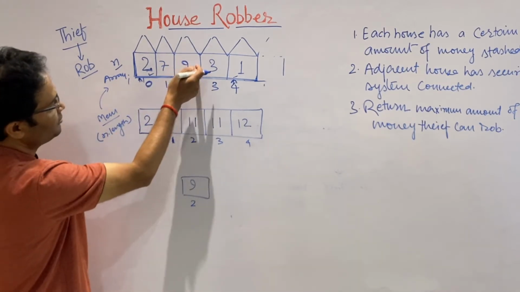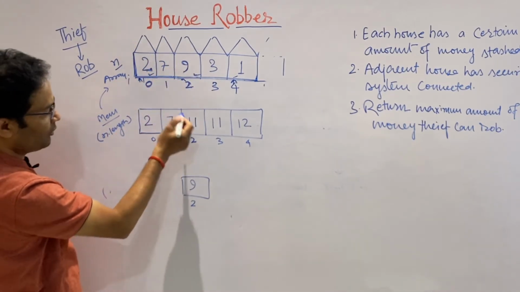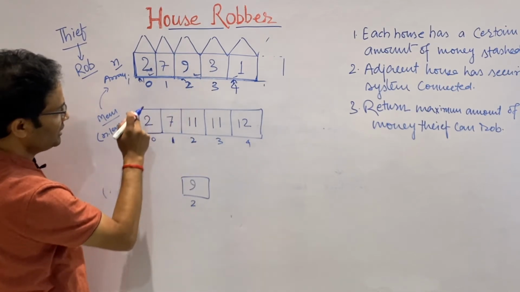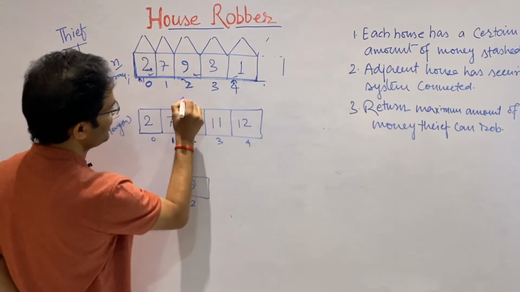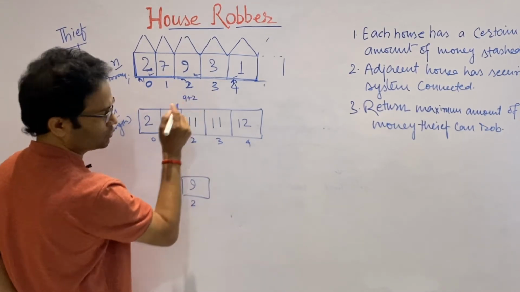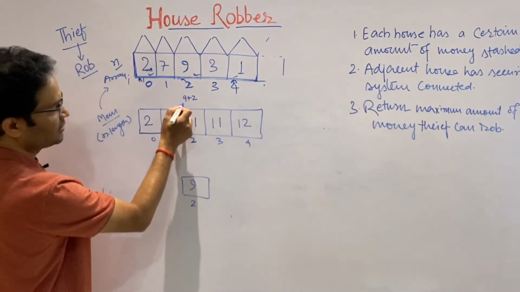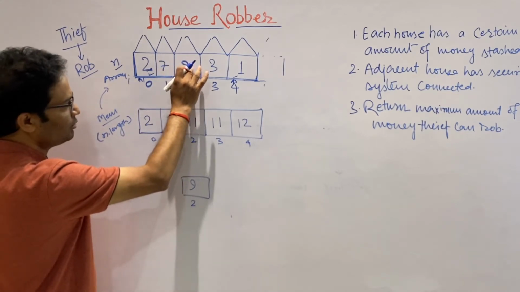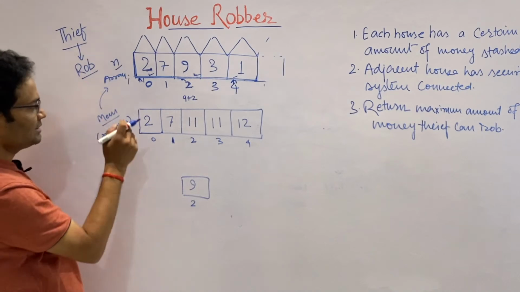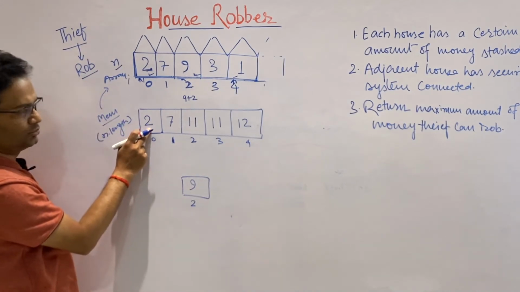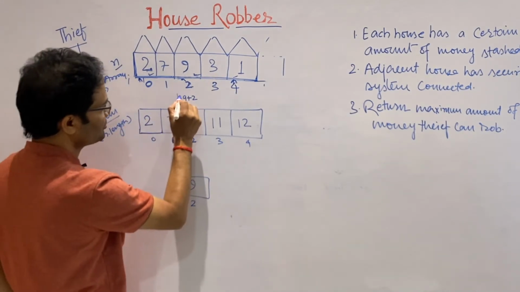So what is the previous to previous value? We have already calculated the previous to previous value is 2. So at this stage you have the option 9 plus 2. 9 means the present house amount, and this 2 means previous to previous, how much they have already accumulated.